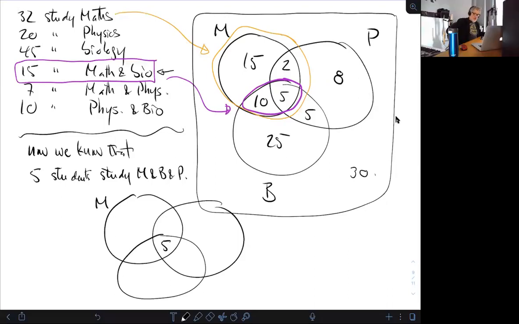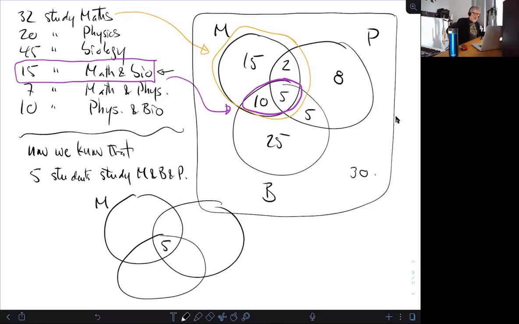Sometimes the questions are, I know that there was one, I don't know if it was in the WebWorks or where else, but where there was a certain ambiguity in the way that the things were phrased. So for example, in this table here, it says that 15 students study math and bio.